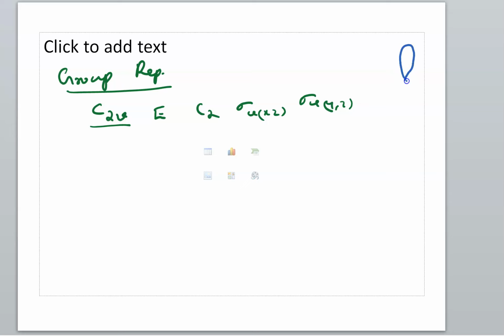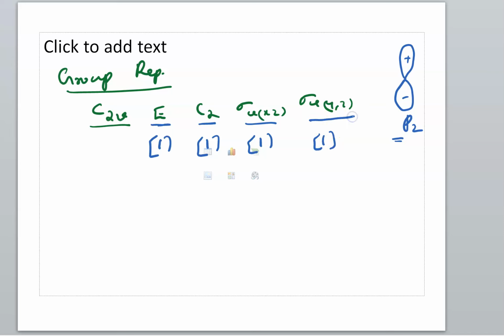For example, if we consider a pz orbital as the basis, then the operation E transforms pz into itself, no change in the orbital, therefore the matrix will be 1. It's a one-dimensional representation. For C2 also, there is no change in the pz orbital, so it is also 1. Similarly, in the case of sigma V, we get a one-dimensional unit matrix. This is one representation.